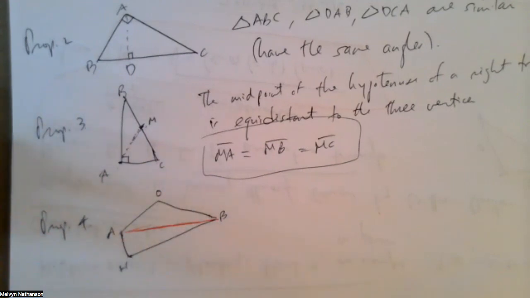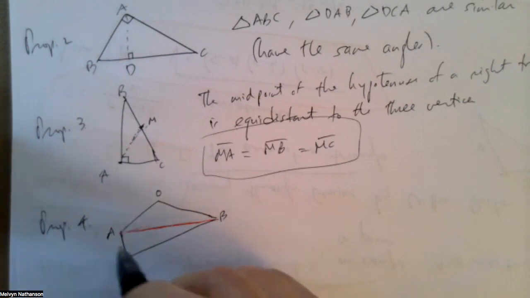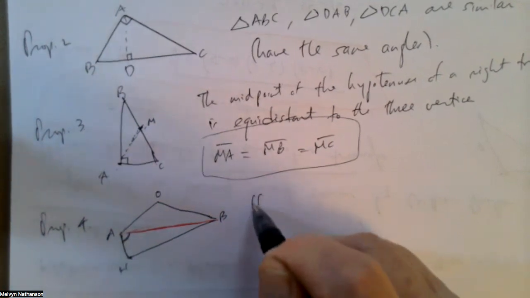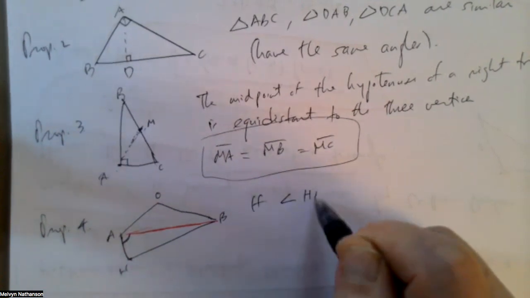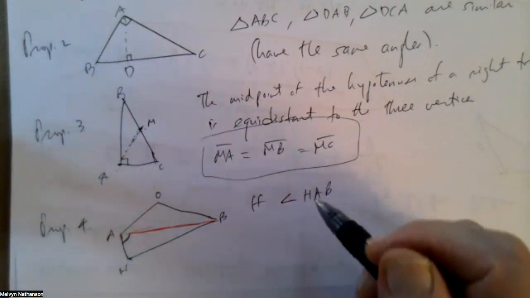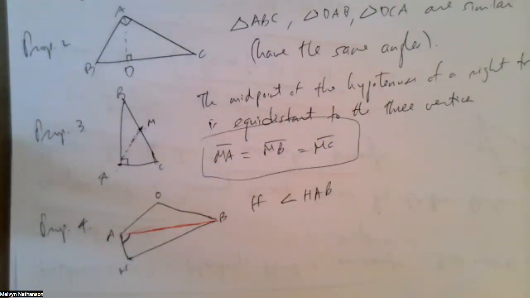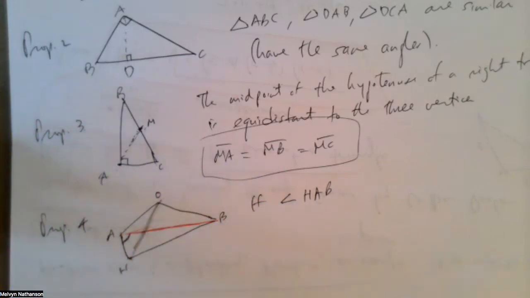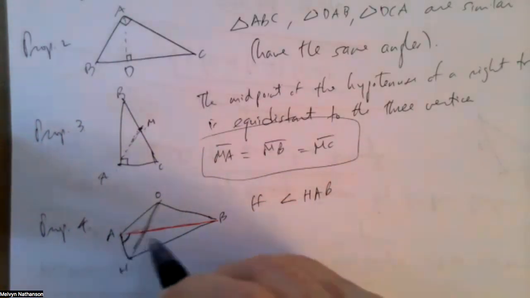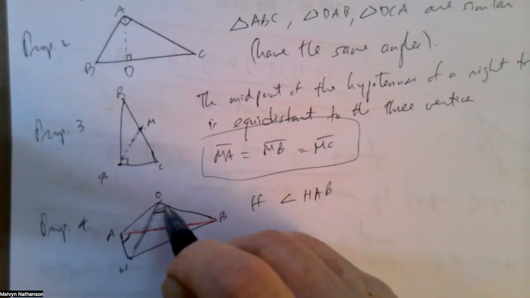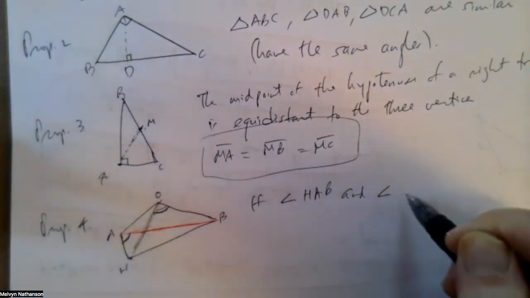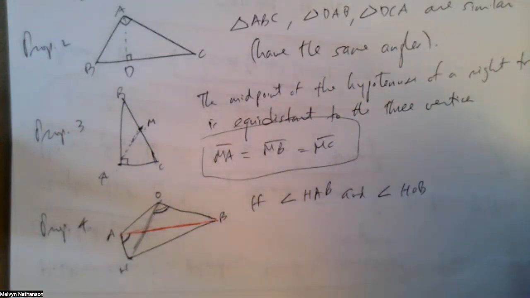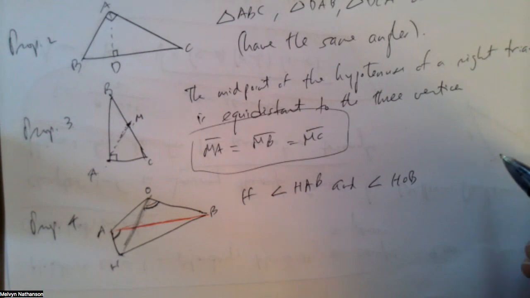So this is a diagonal from A to B. So we have the angle HAB. If angle HAB, and I draw the other diagonal. If angle HAB and angle HOB are right angles.